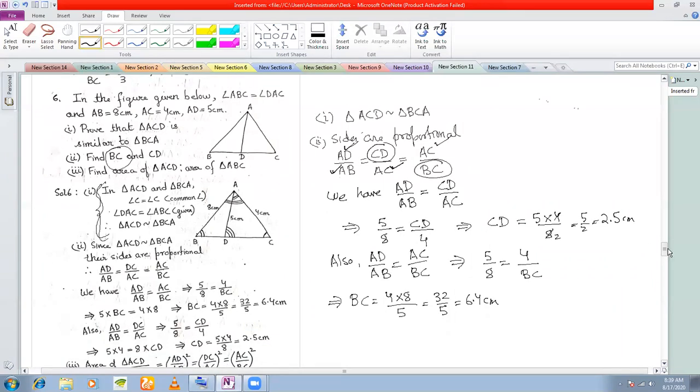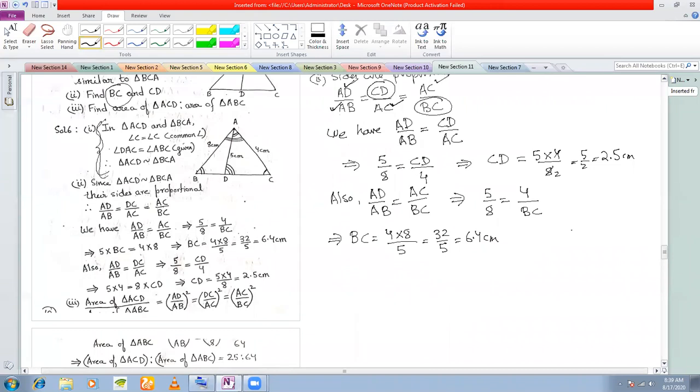Now we need to find out the ratio of the areas. It will disconnect. Area of triangle ACD by area of triangle ABC is equal to square of the proportional sides. If it disconnects, I will continue tomorrow with the other sums. AD by AB is equal to CD by AC is equal to AC by BC.